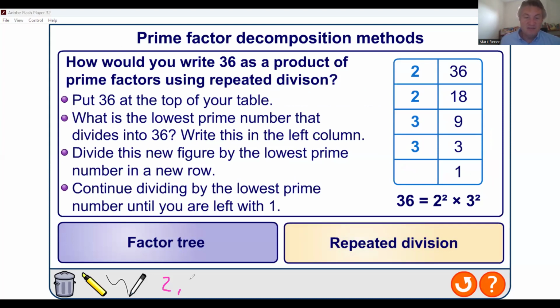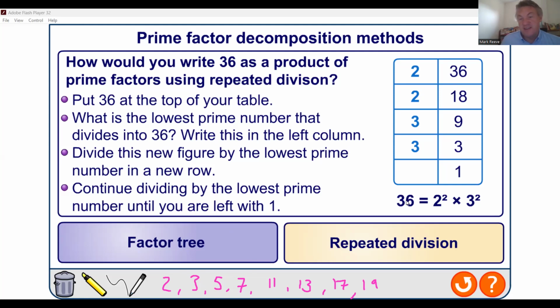Usually the ones you need to worry about are 2, 3, 5, 7, 11, 13, 17, 19, etc. Obviously there are a fair few more, but I've rarely seen a question that goes beyond 19. So you keep dividing each number by the lowest prime number that you can, and keep going till you reach 1.